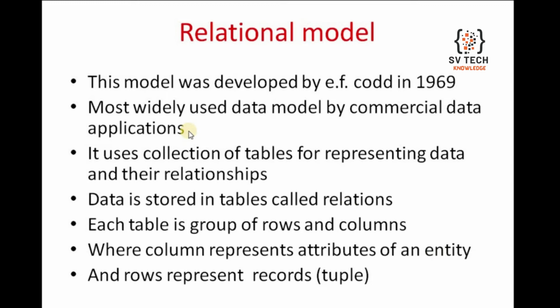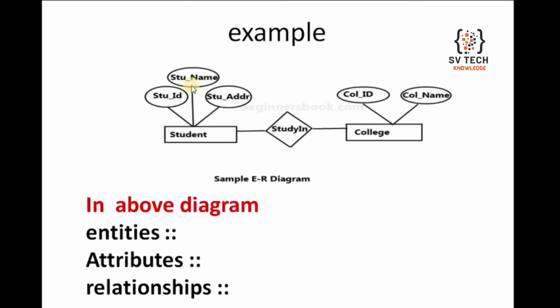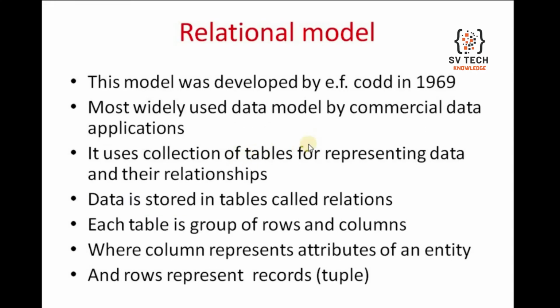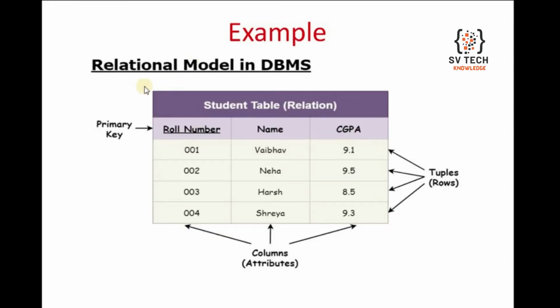Suppose we take the last diagram. Here entities and attributes are represented by rectangle and ellipse. So in the relational model, an entity is represented as a table, attributes are the columns, and rows are the tuples. Here we can take an example of a relational model database management system. Here is a student table. A table is also called a relation, as I said earlier. Here we have 3 attributes.